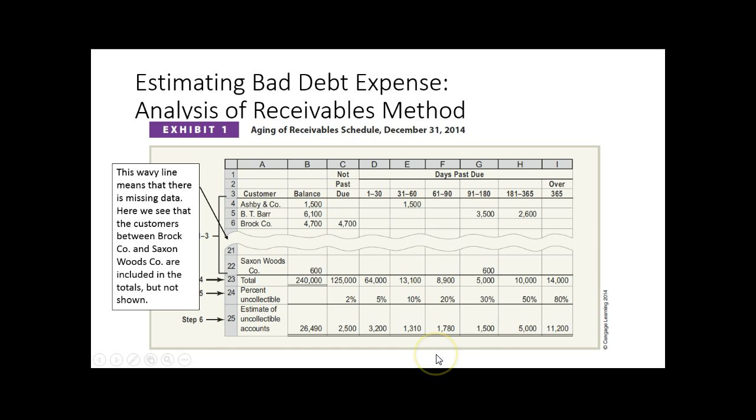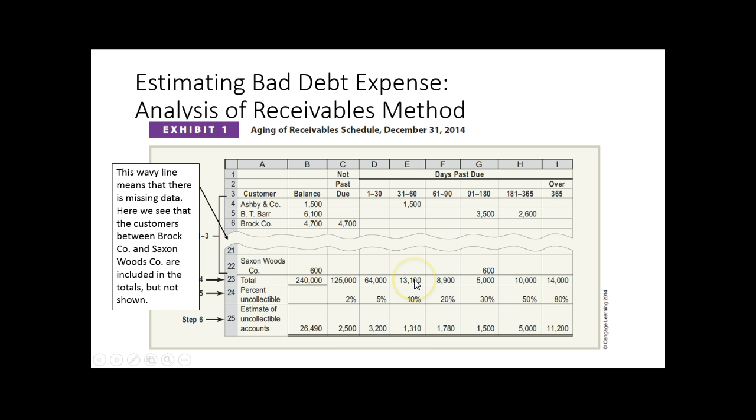Anyway, we ended up with $125,000 not past due, and historically 2% of those are uncollectible. $64,000 in the 1 to 30 day past dues, 5% uncollectible. Multiply 64,000 by 5%. There's the total there. Even though this is almost half of this, the uncollectible amount is more.